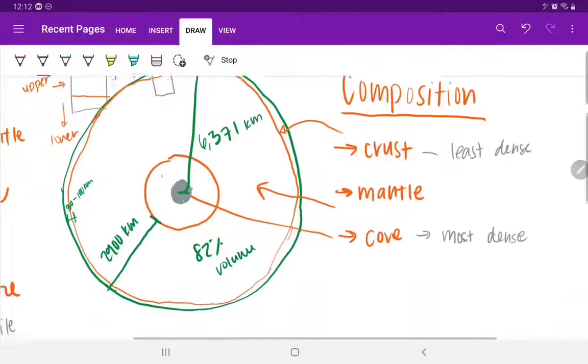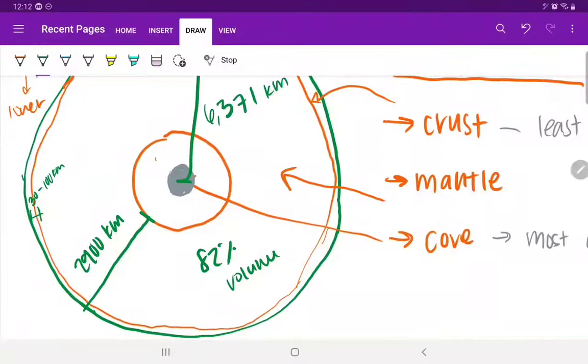And then, of course, taking a look back into the core, from the edge of the outer core to the inner core, it's roughly another 2,000 kilometers. And so we go from here to the inner core. This is 5,150 kilometers.